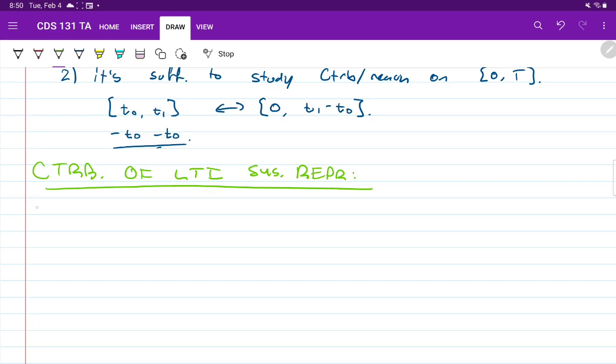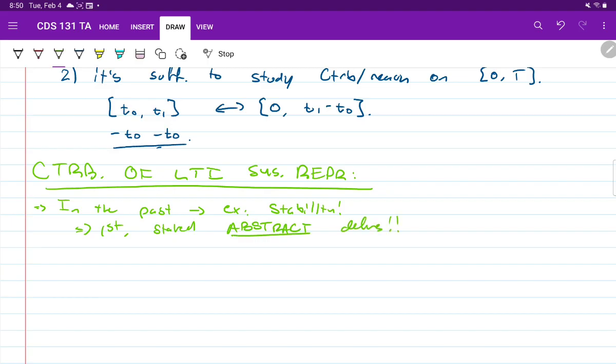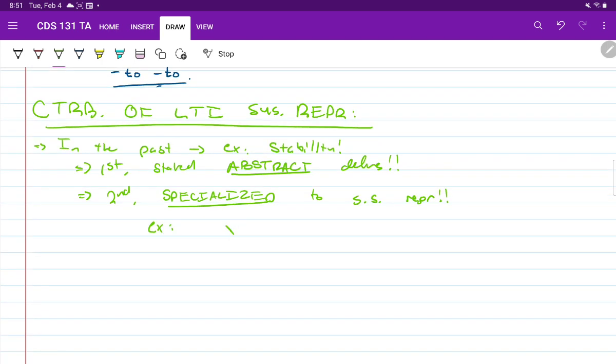Well, let's see what we did in the past, right? In the past, if we take the example of stability, what we did first is we stated abstract definitions. After we stated these abstract definitions, second, we specialized to state space representations. So for example, in stability, we studied some basic conditions for stability of x dot equals ax.